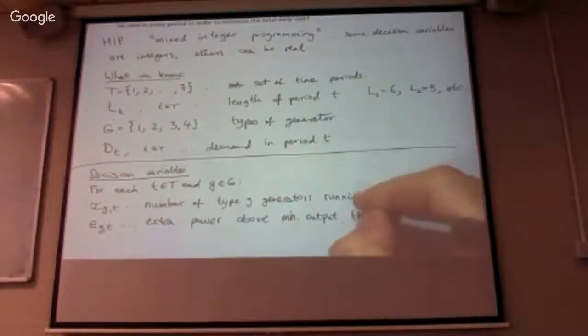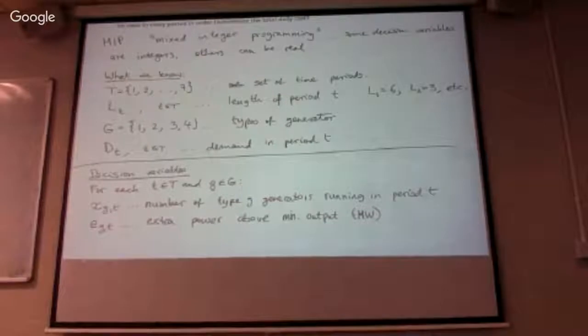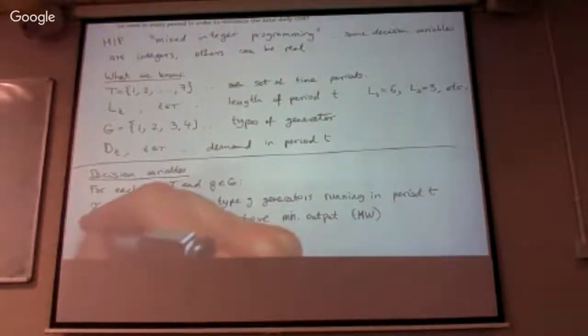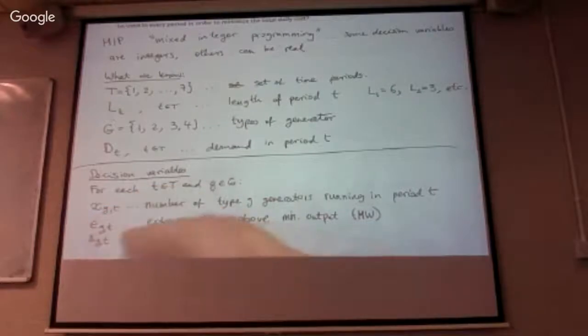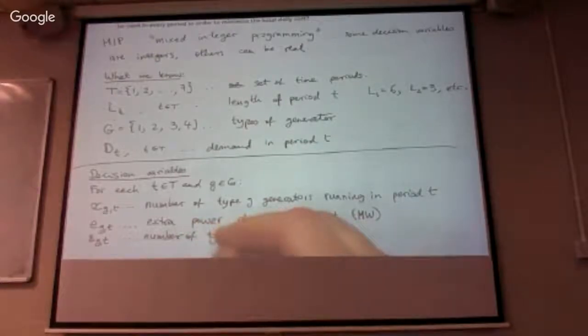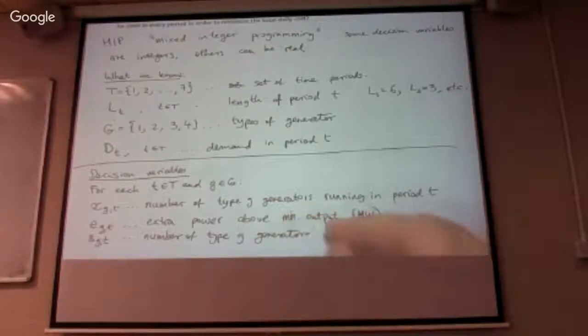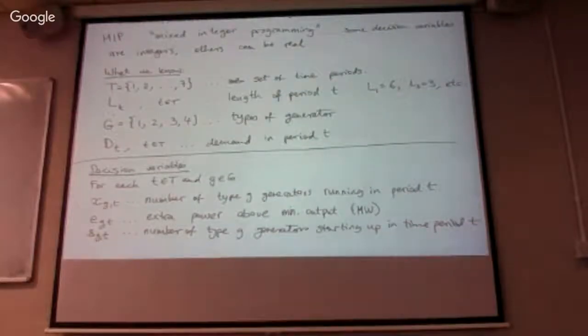Looks like H. And then I had S, D for the number of 5G generators starting up in a period. Number of 5G generators starting up in until.